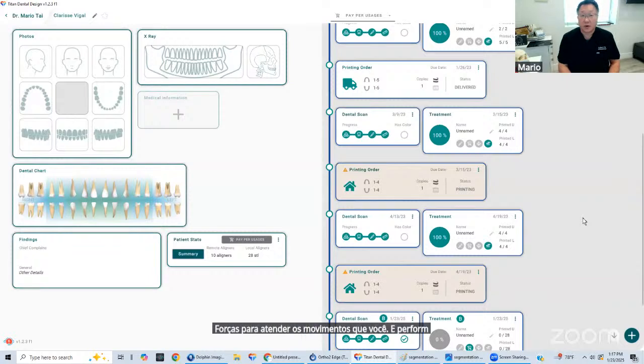So that's one option. As for having a complete set of default attachments, where if you just press a button, it's like the Titan default and all the attachments will just be placed for you, I'm going to let Frank answer that part.